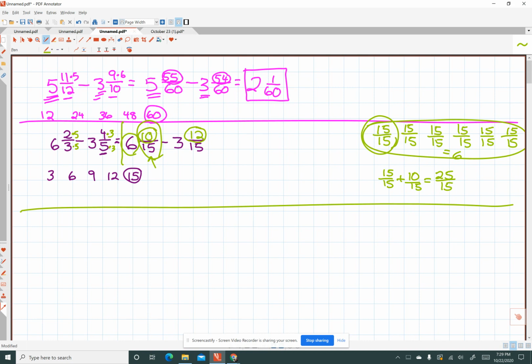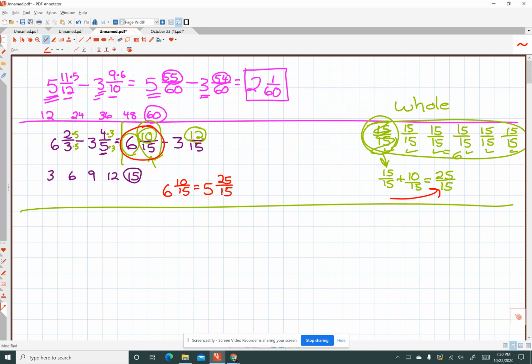But now, instead of having 1, 2, 3, 4, 5, 6 wholes, we're only going to have 5 because we borrowed this one and turned it into 15 over 15. So this first number right here, instead of 6 and 10/15, we're going to rewrite it as 5 and 25/15.